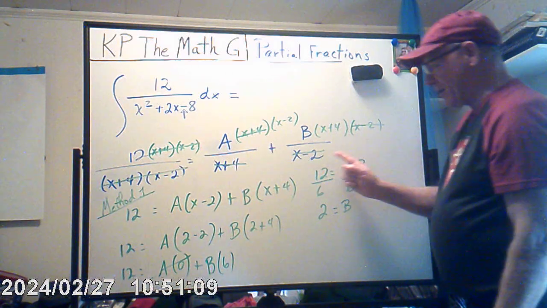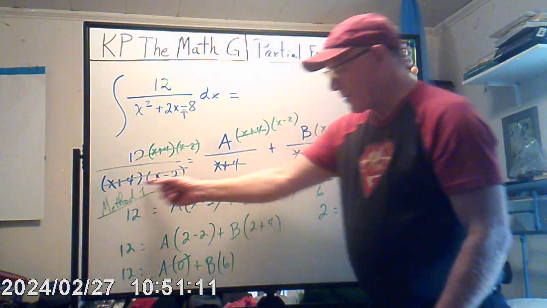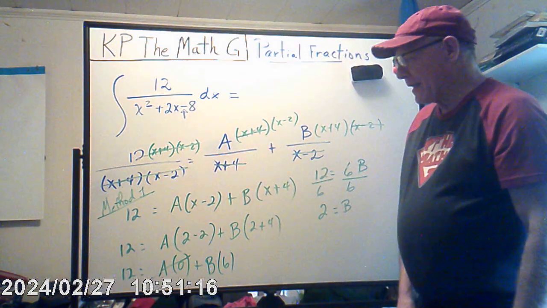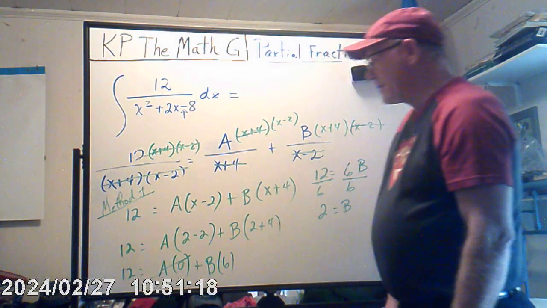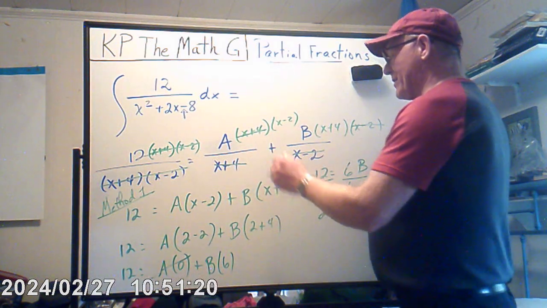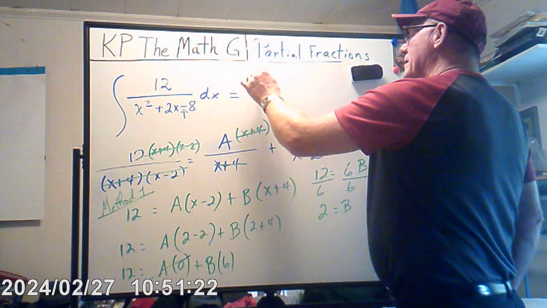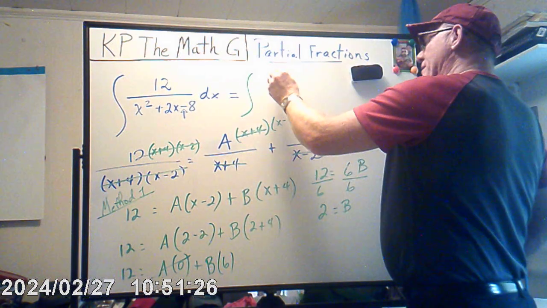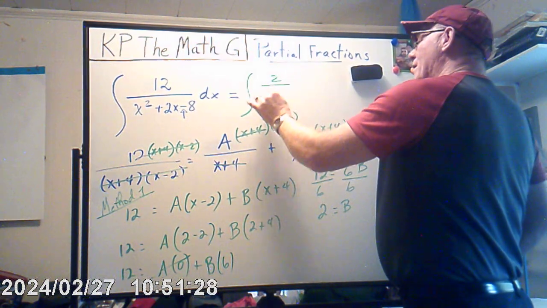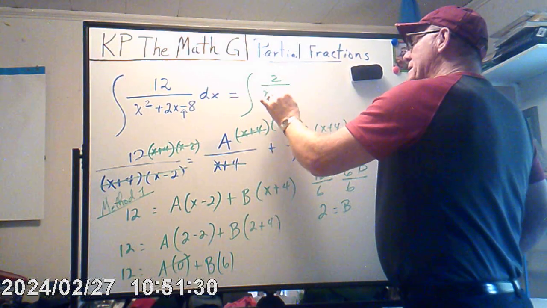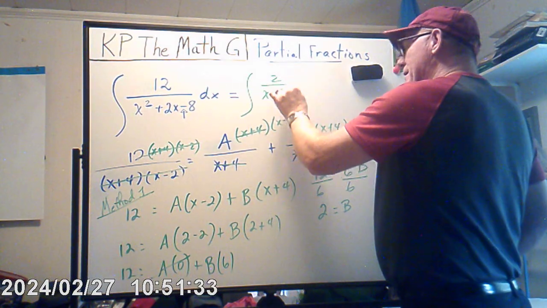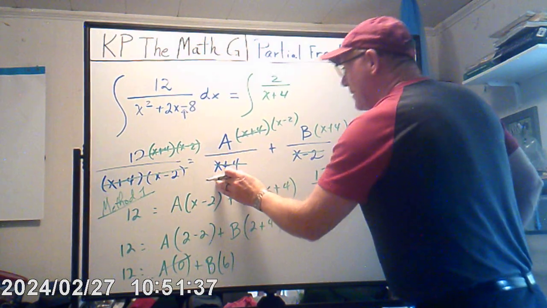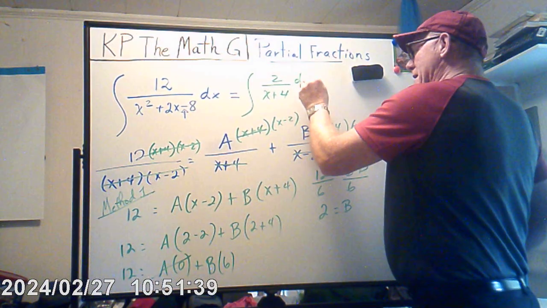Now remember we're going to need this when we start to integrate. Eventually I want to come up with a, which I already found this out to be 2, over x plus 4. See that x plus 4 that I just canceled out right there? dx.